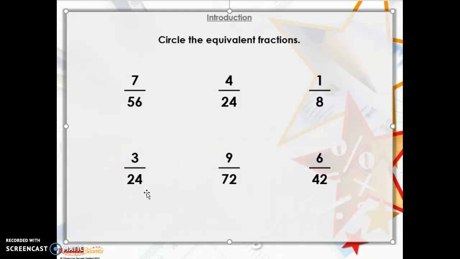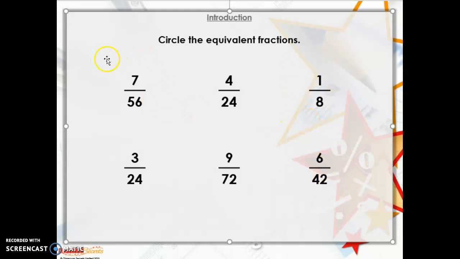That's 2 fractions. Let's have a little look further. Let's look at 6 over 42. How do I get from 1 to 6? I'm timesing by 6. So what is 8 times 6? Is it 42? No. 8 times 6 is 48. So this is not equivalent to 1/8.